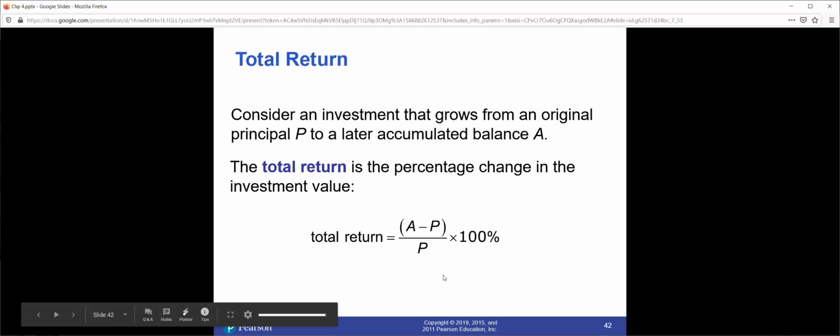Total return. Let's consider an investment that grows from an original principal P to a later accumulated balance A. The total return is a percentage change of the investment value, or how much money you've made in A given P. It's a simple percentage here. Subtract the two out. This should look familiar from previous chapters, right?